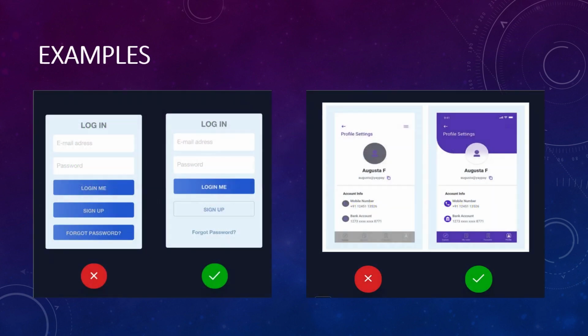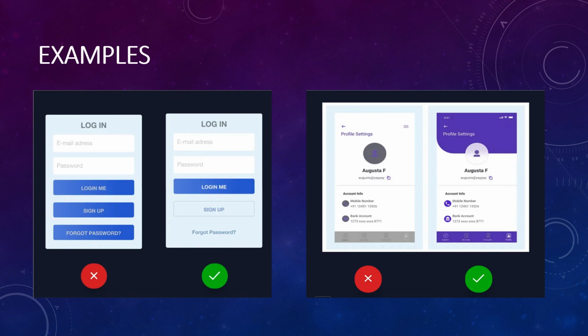And these are some examples of good and bad user interface designs. We took two examples. In the first example, there is a login page. In the first image, there are same-colored buttons, which do not look good. And on the right side of it, there are buttons with different color palettes, which look good. And this is the good user interface design.